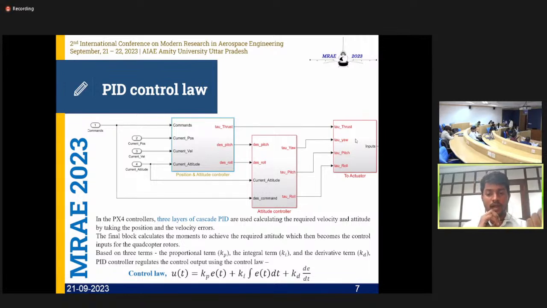My work is based on the attitude part, because attitude is the last and most effective controller that sends direct input to your actuator. The position controller is called a virtual controller, because it does not contribute directly to the dynamics, and the attitude controller is called the direct controller, because it directly gives the input to your actuator.